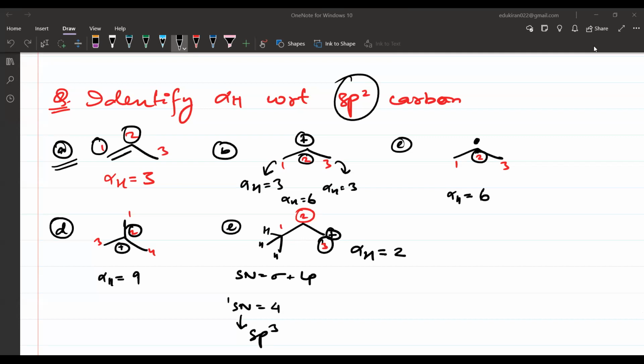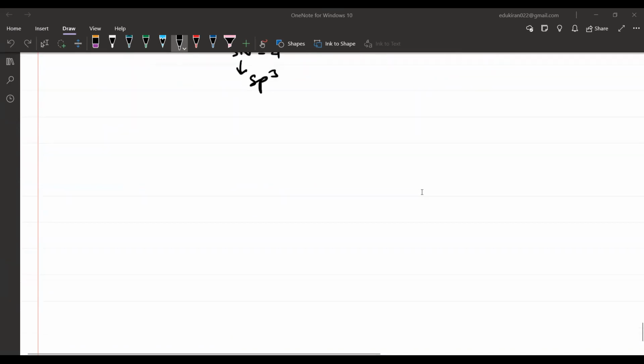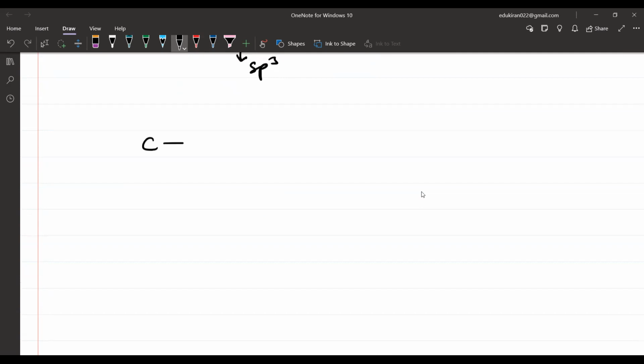Okay, so please write. Suppose here you have the three hydrogens, then you have the carbon atom, and this is the vacant p orbital. This carbon atom has two hydrogens like this, and it has a positive charge.